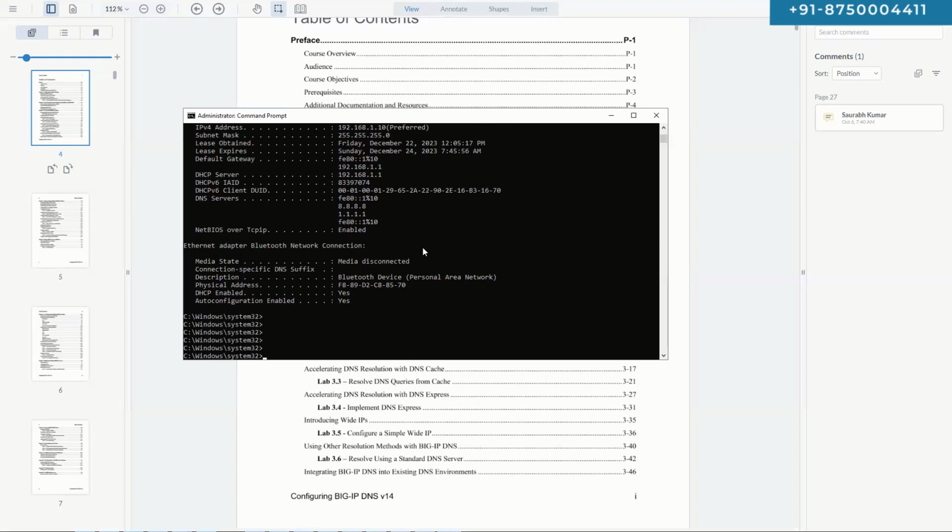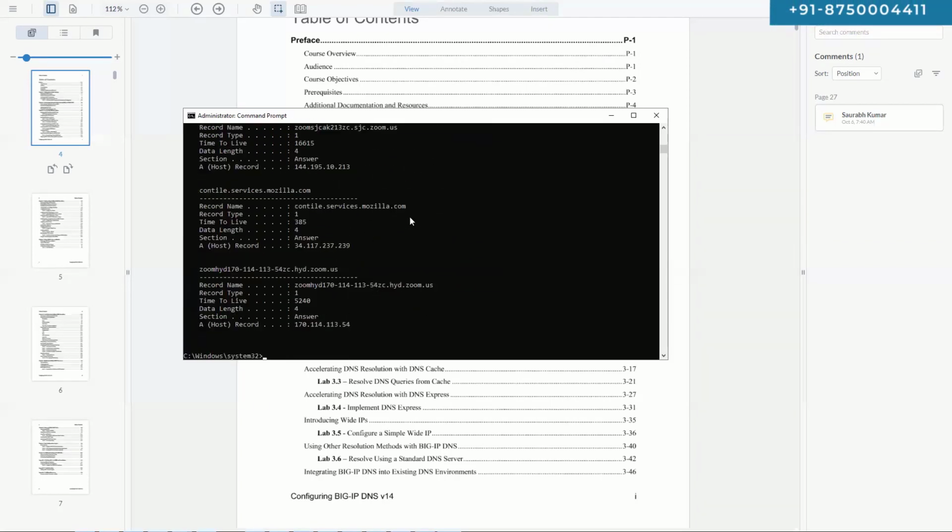And also, I could look at the DNS cache as well, right? So the command for checking the DNS cache on your Windows machine is easy: ipconfig /displaydns.